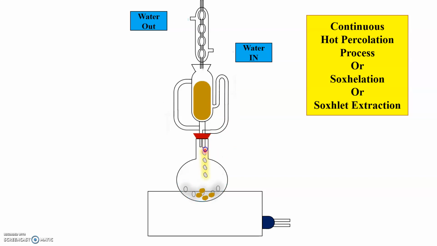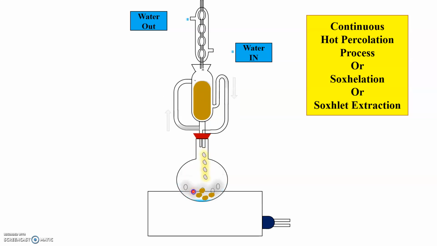After passing through the siphon tube, the soluble active constituents of the drug remain in flask, but the solvent is repeatedly volatilized. The process of filling and emptying of the extractor is repeated until the drug is exhausted. So this cycle goes on continuously until the drug is exhausted.